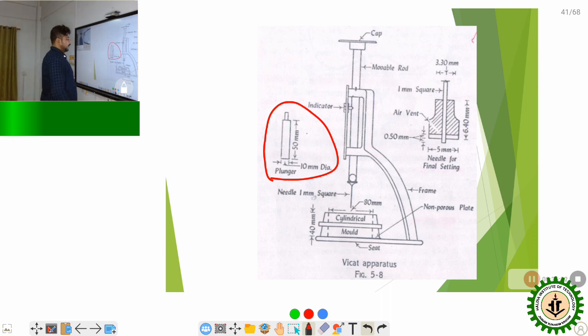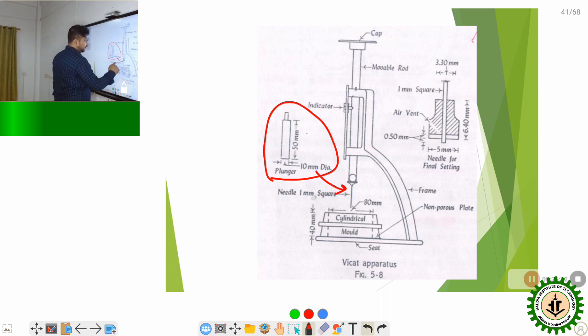For this we replace the 1 mm square needle with this 10 mm needle plunger, and it is fixable and removable. We remove the 1 mm needle and fix this 10 mm needle over here.